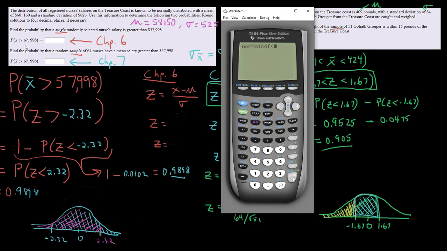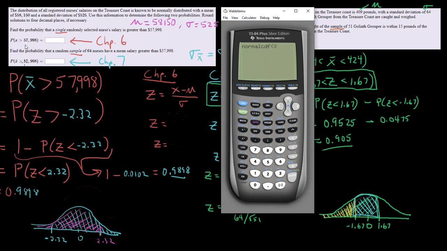And what we want is the normal CDF. So hit normal CDF. Now, if you have one of the newer calculators, you get a menu option right now. Here, there's no menu to work with. Some of the newer ones do have a menu. You're inputting the same information either way. So if you don't have a menu, if you have a TI-84, one of these editions, the Silver Edition Plus, or say you have a TI-83, it will be the exact same way. You have to type in here.